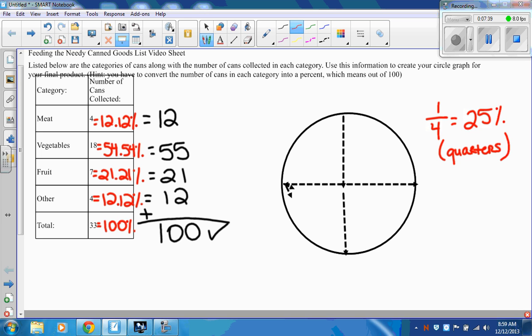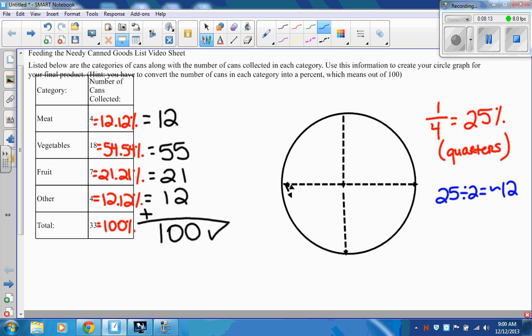So if I look at the top right quarter of the circle, I have 25% in that part. And I'm going to look first at meat. So think about it. What is half of 25? Well, guess what? It's about 12. Because 25 divided by 2 gives us actually 12.5, which is about 12.